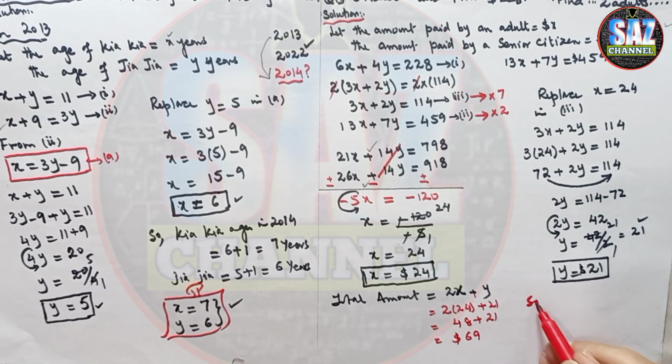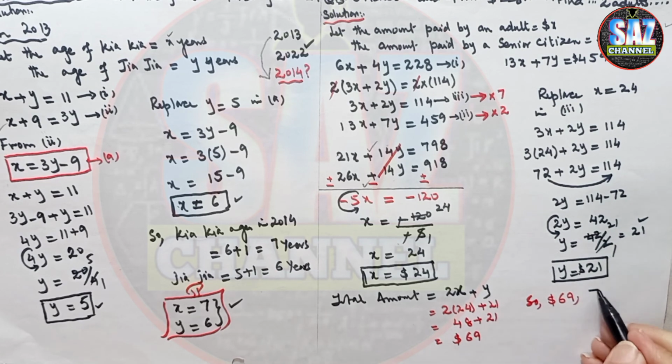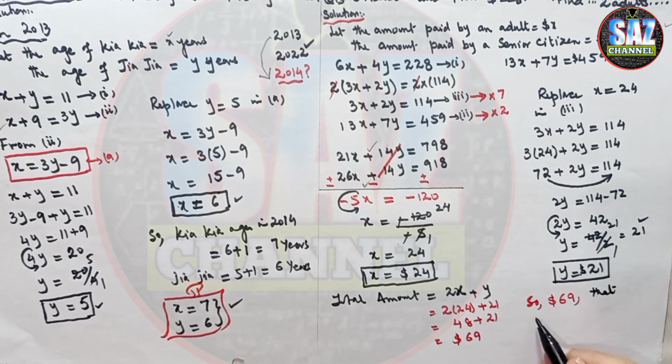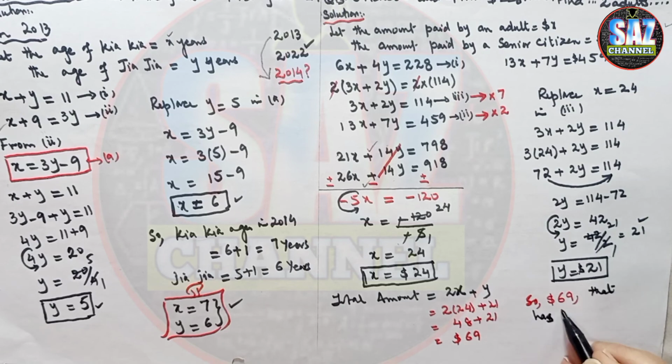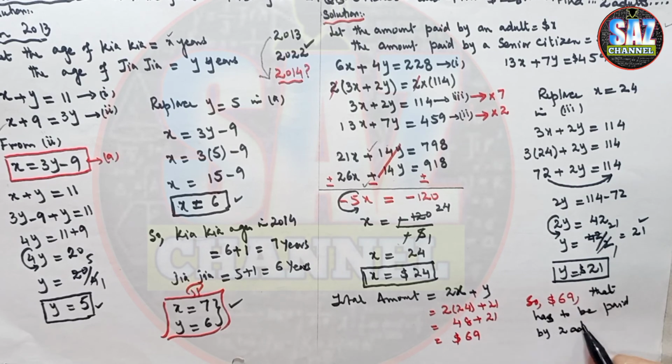So $69 is the amount that has to be paid by 2 adults and a senior citizen.